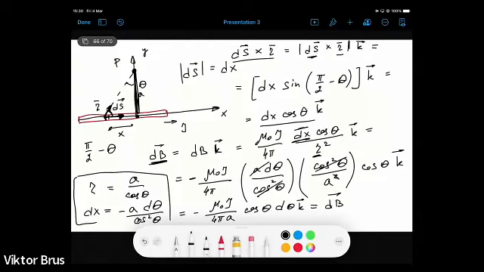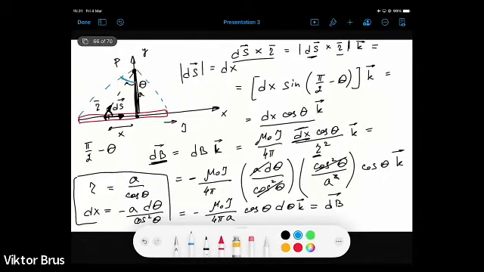Now, if we want to determine the net magnetic field vector at point P created not by just a single length element of this conductor, but by the whole conductor, what we need to do is consider this conductor from one edge to another.